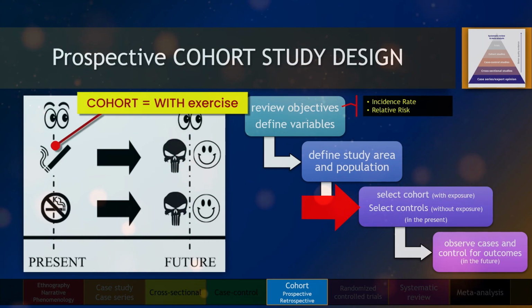The cohort group or internal controls are defined as respondents with the exposure. Take note, to be able to select cohorts, you need to already know people with the exposure of interest. In our case, those who do exercise, defined as those who work out at least 1 hour per week.